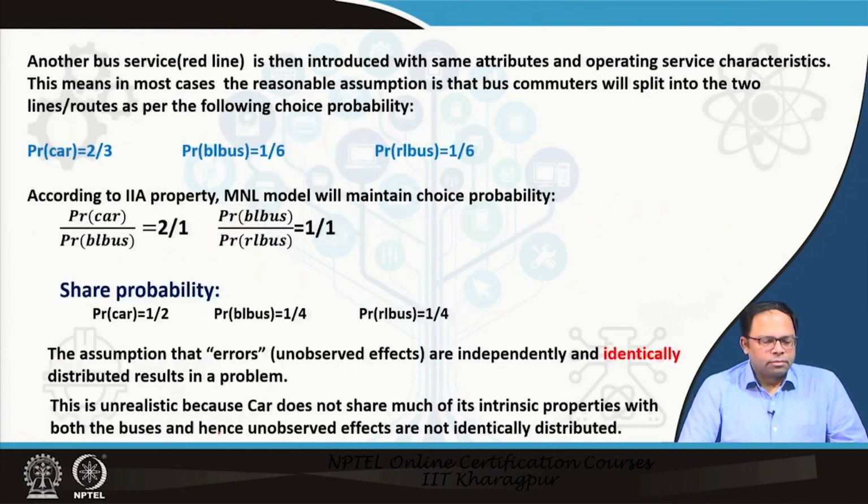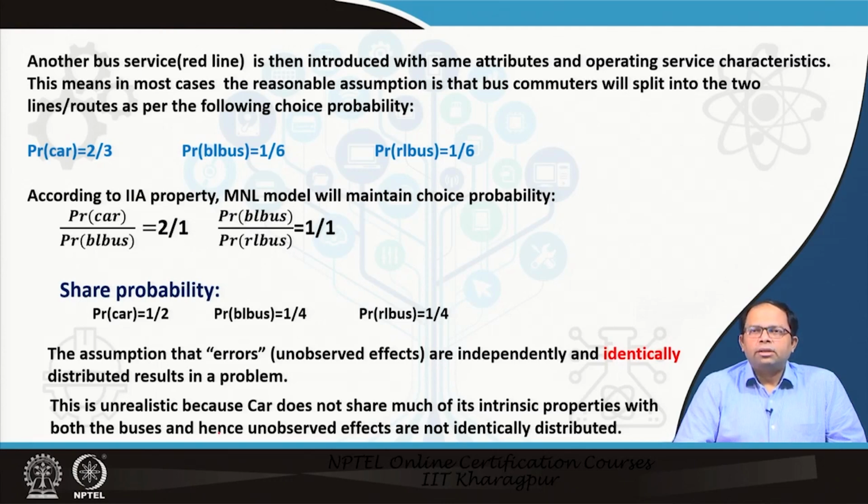Now, another bus line service started, which we call the red line, which has exactly the same attributes and operating service characteristics. This means in most cases the reasonable assumption is that bus commuters will split into the two lines as per the following choice probabilities: for car it should be 2/3, then blue line bus becomes 1/6, and red line bus becomes 1/6, because together the bus share was 1/3.